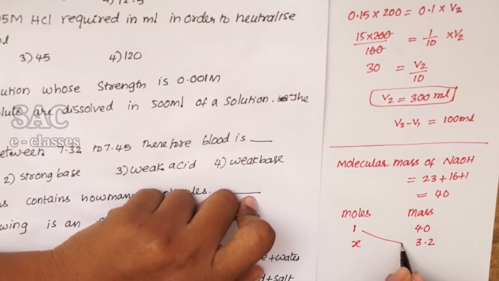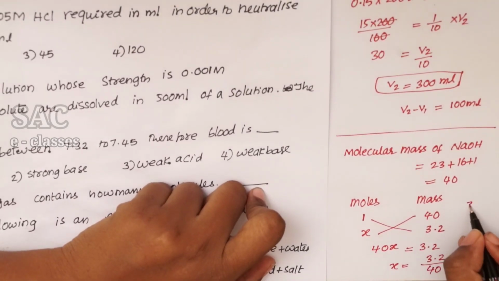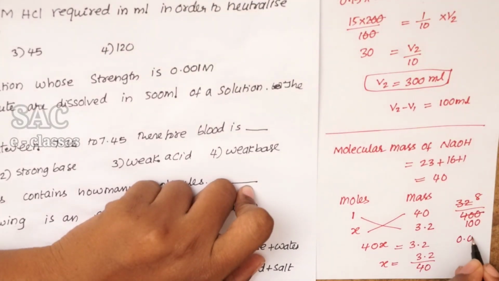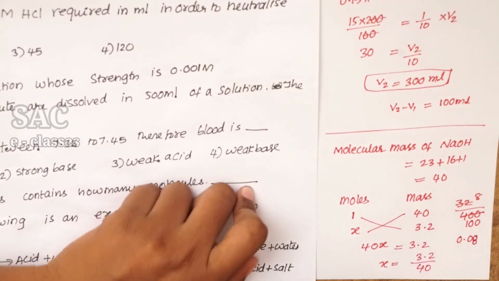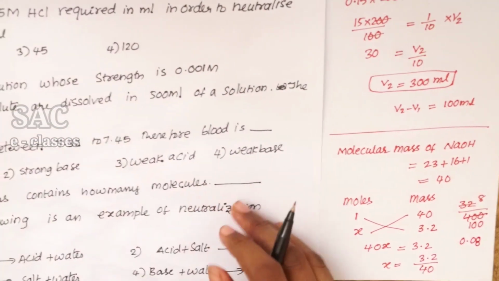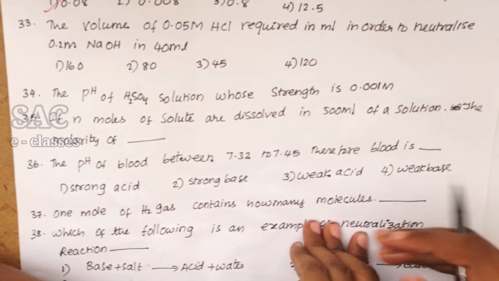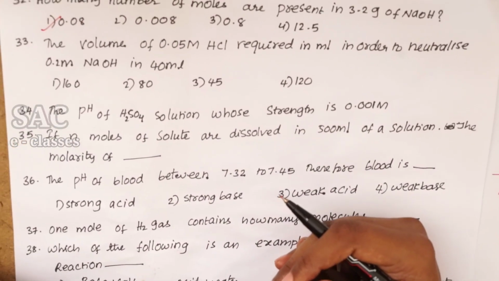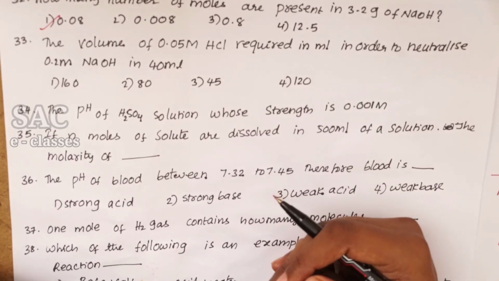Then how many moles will be present? Simply cross multiply, simplify. 0.08 moles of NaOH is present in 3.2 grams of NaOH.